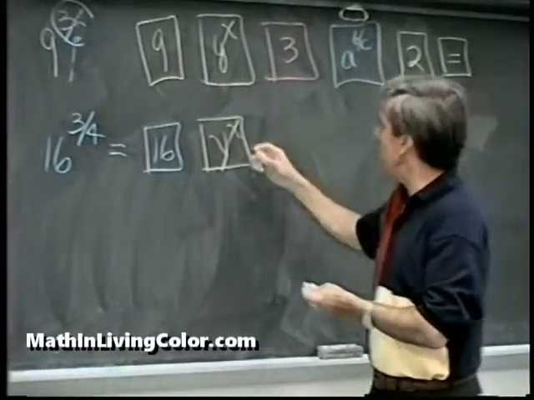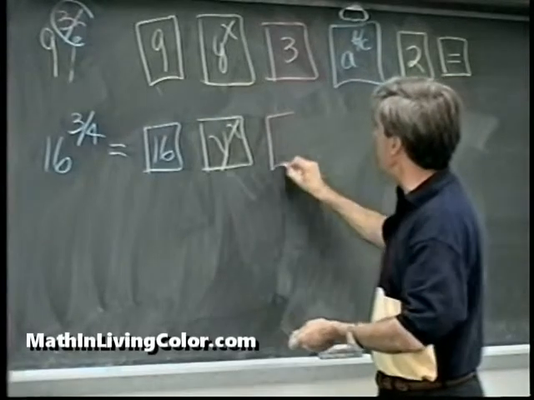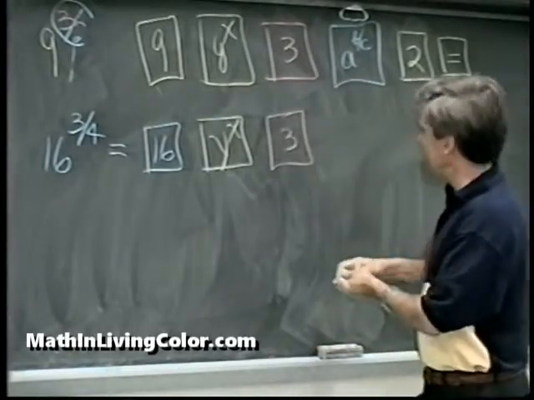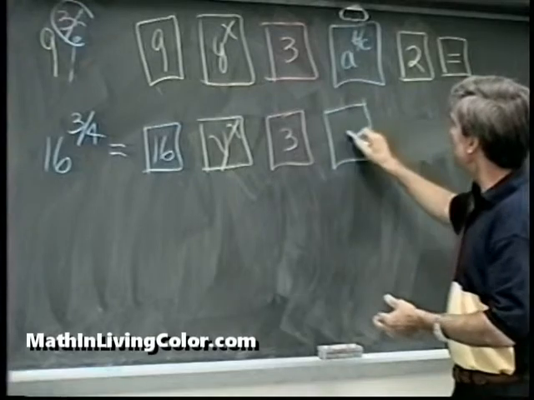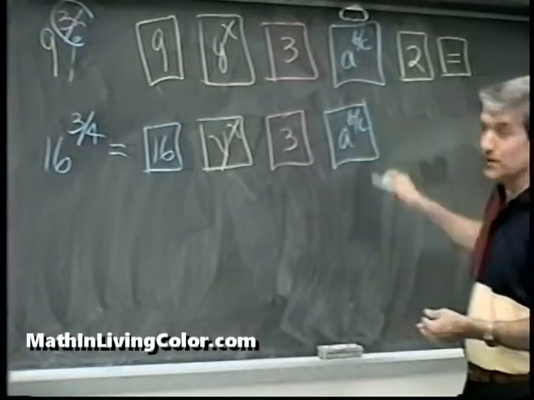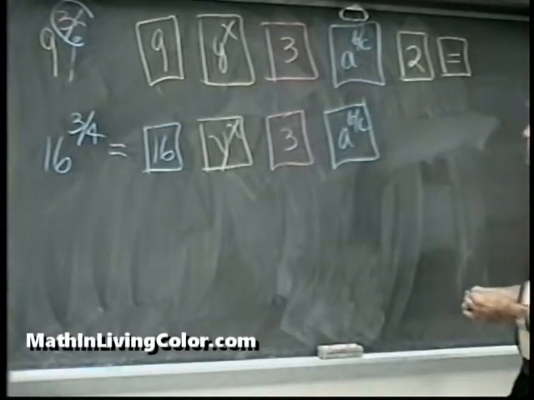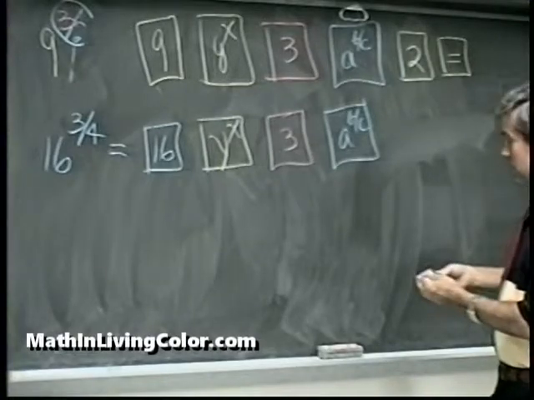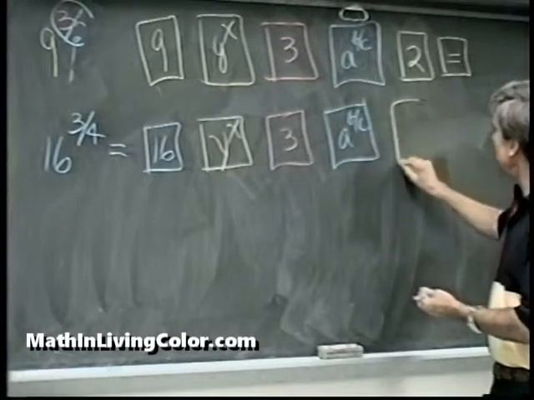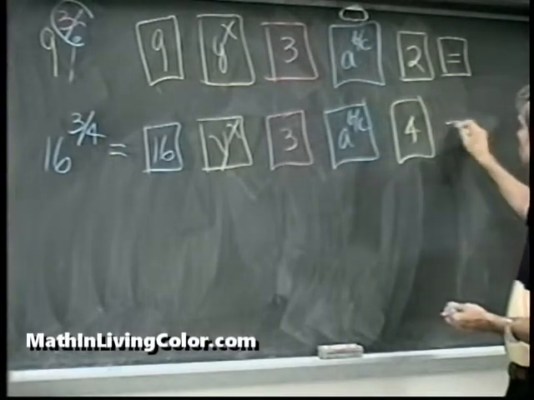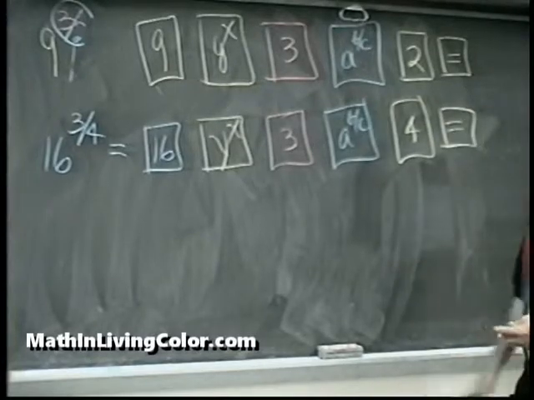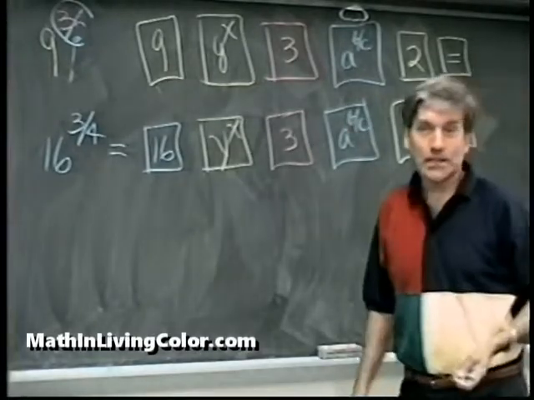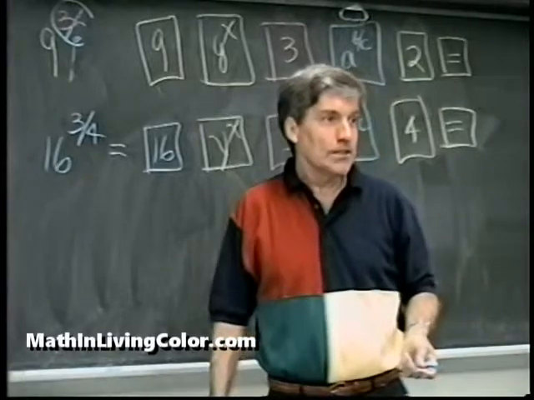And then you enter the numerator, which would be what? 3. And then you do the A to the B over C button. Then you enter what? 4. Okay. Enter 4. And then what? Equals. 8. And it comes out to 8. Does that sound right to you?